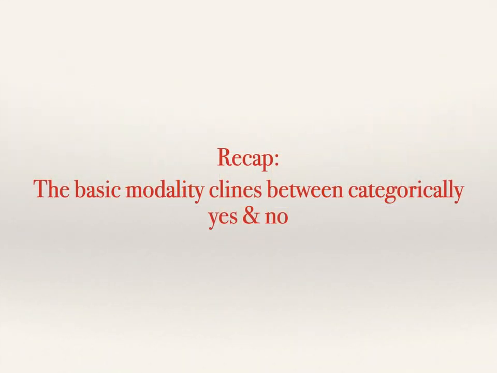Let me do a bit of a recap before we continue. So we've seen that modality is in fact a cline between the categorically positive and the categorically negative. So if you have a proposition or proposal, it may be categorically positive proposition, it is, or categorically negative proposition, it isn't, or a categorically positive proposal, do, and a categorically negative proposal, don't.